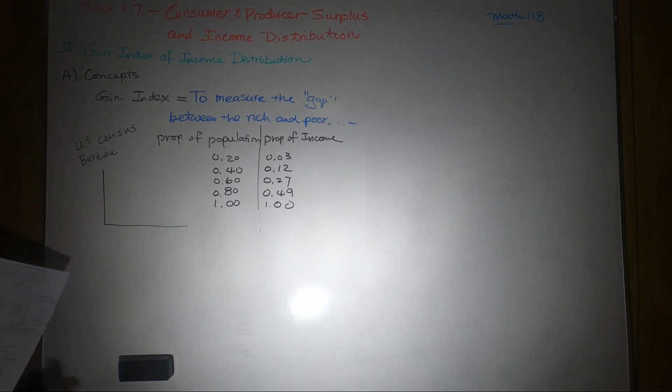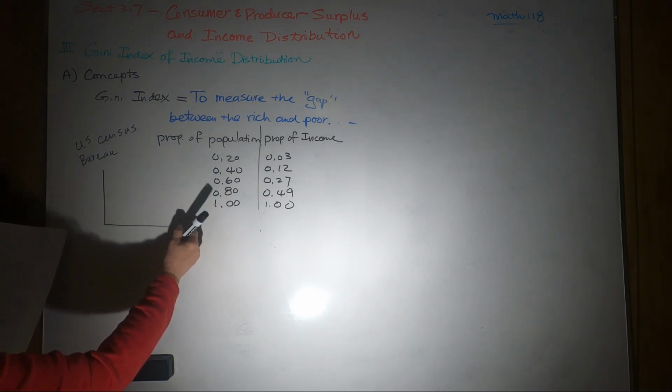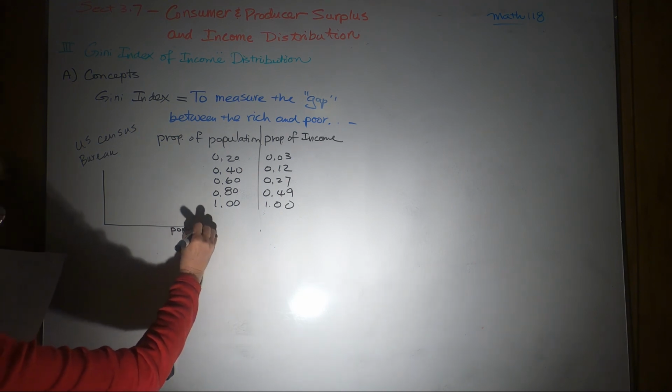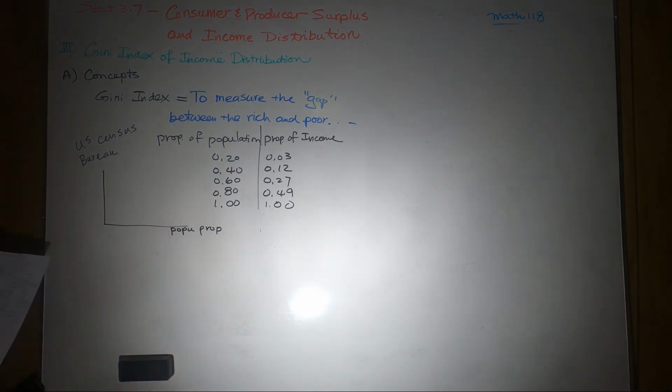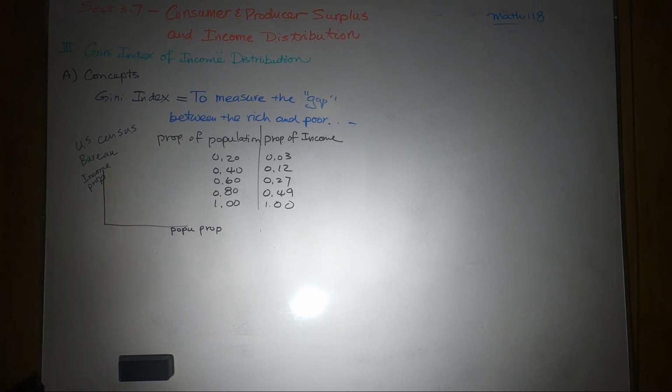Okay, here is the proportion of the population, right? So if this is the population proportion, then here is the income proportion. So 0, 0, nobody, no income.